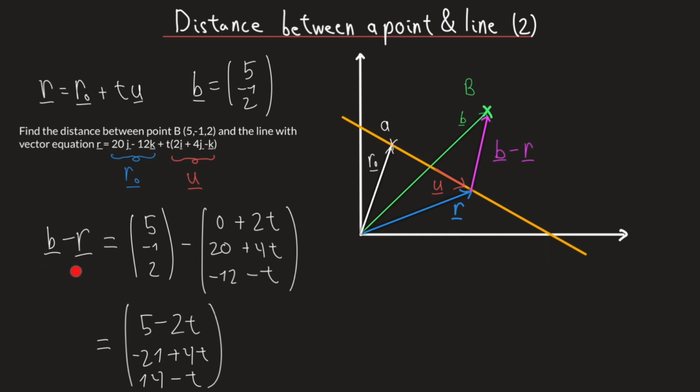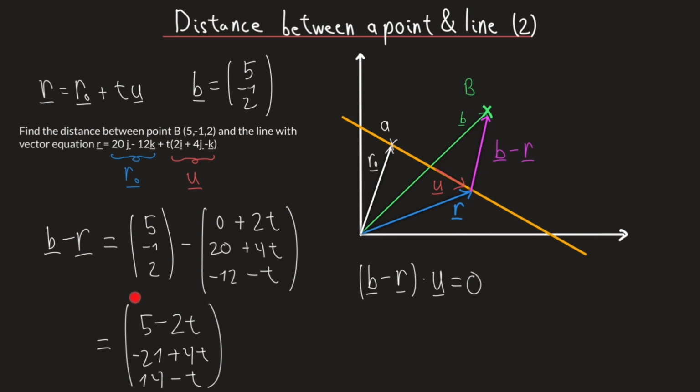Now we want the difference vector to be perpendicular to our direction vector u. And how do we express mathematically the fact that two vectors are perpendicular or orthogonal? Well, the way we do that is through the scalar product, or the dot product. If the dot product between the two vectors is 0, then our vectors are perpendicular. In other words, we require that our difference vector b minus r, dotted with our direction vector u, is equal to 0.